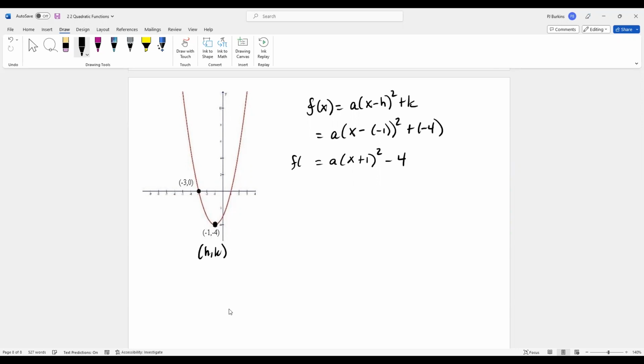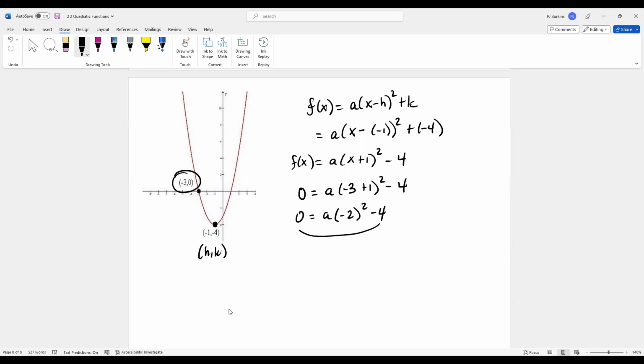So this is our parabola currently. We would like to know what a is. We have the point negative 3, 0, so let's plug that in. That says that y is 0 when x is negative 3. So we have negative 3 plus 1, that's negative 2.